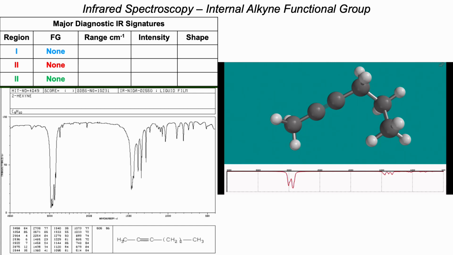We'll go ahead and play the movie where you see those stretches occurring, different vibrational modes. The sp3 hybridized carbon H stretching. And then we'll go ahead and move on.